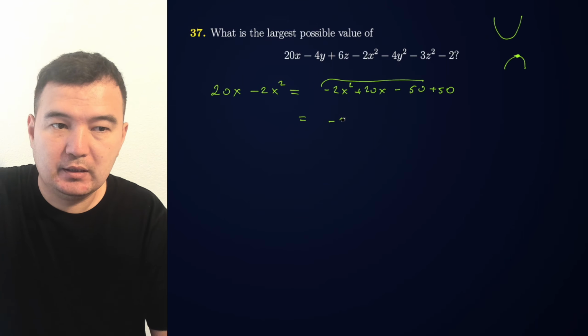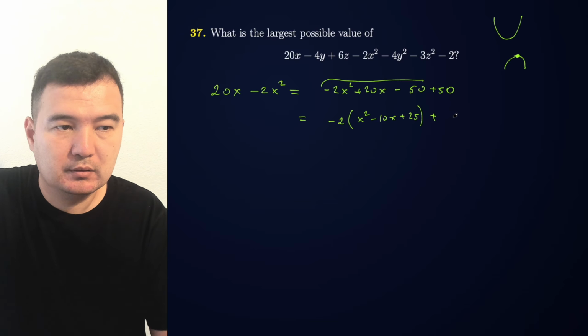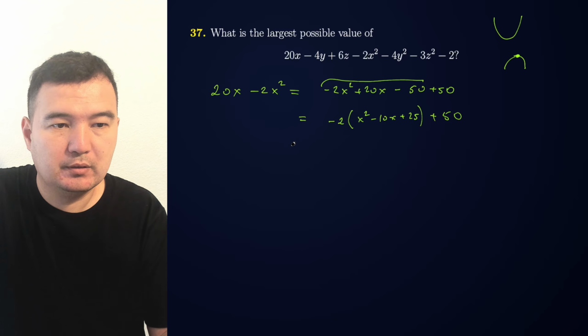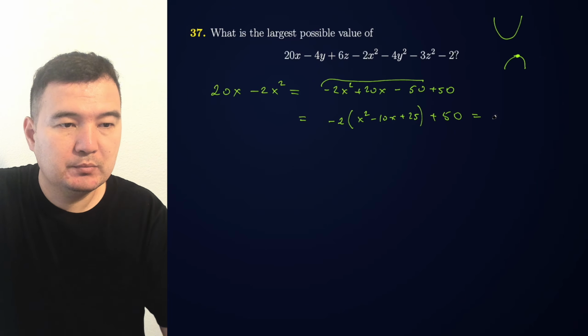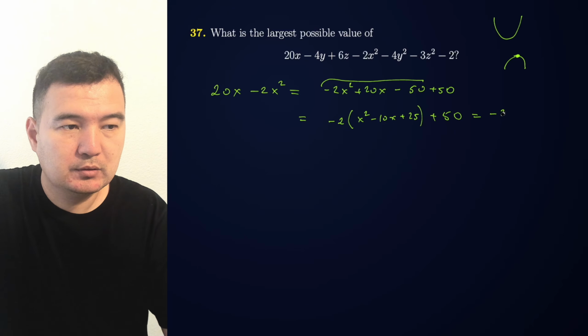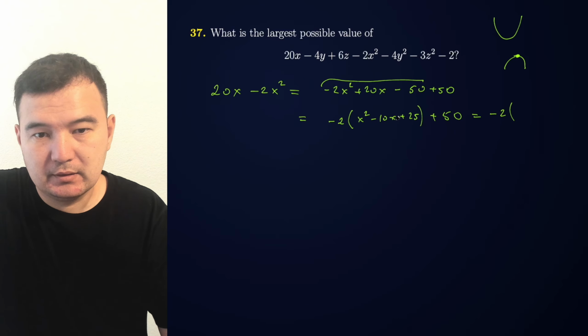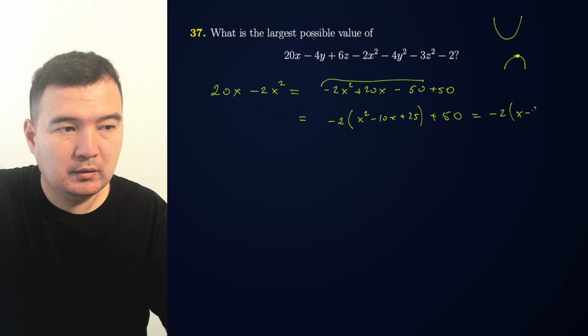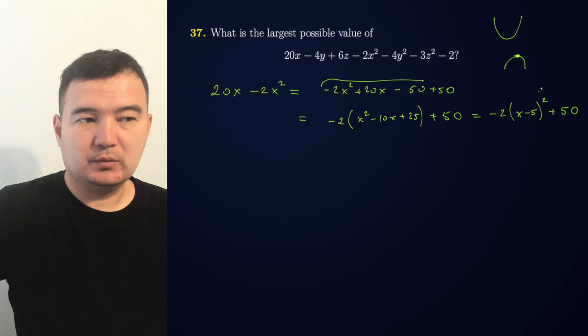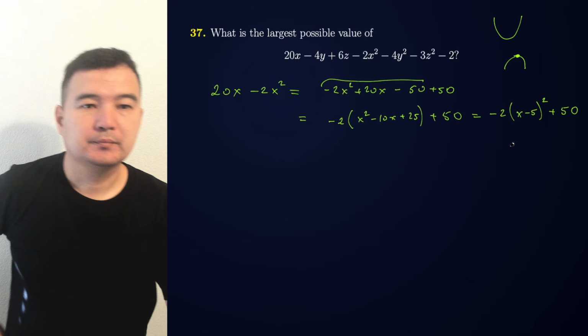So if I take out negative 2, I'll have x squared minus 10x plus 25, plus the 50 separate. And this one becomes minus 2 times the square of x minus 5, plus 50.